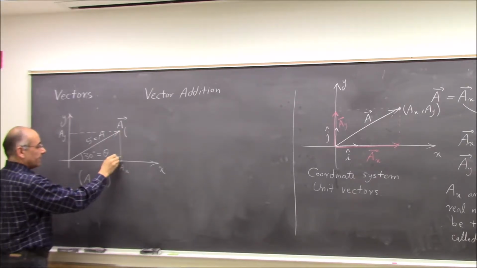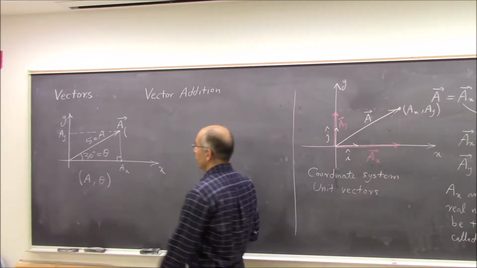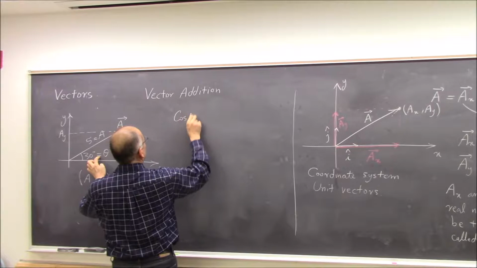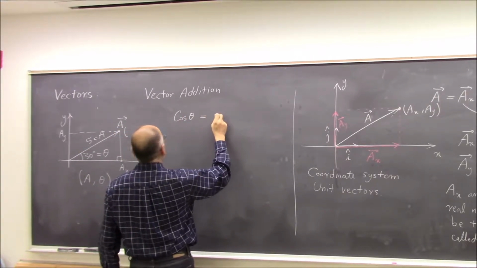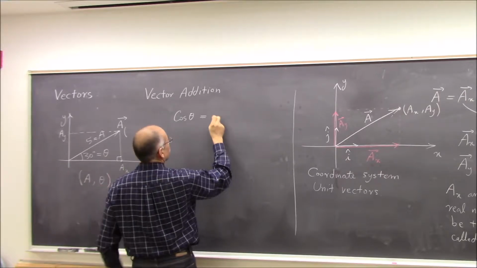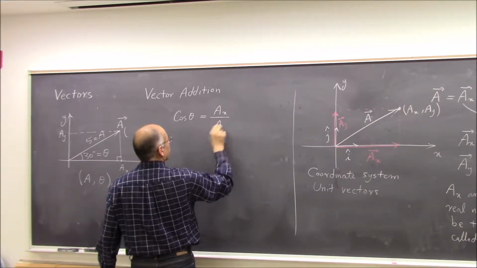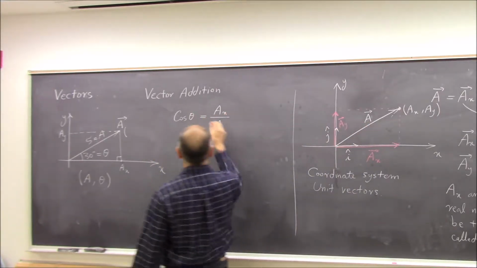So if you look at this right triangle, cosine theta is adjacent over hypotenuse. The adjacent side has length AX, divided by the hypotenuse, which has a length of magnitude of A, and therefore AX becomes A cosine theta.